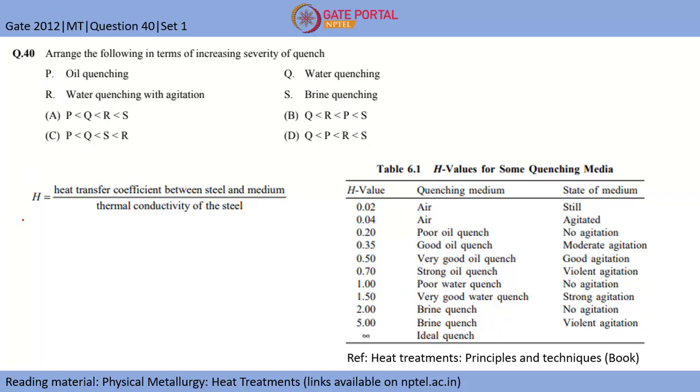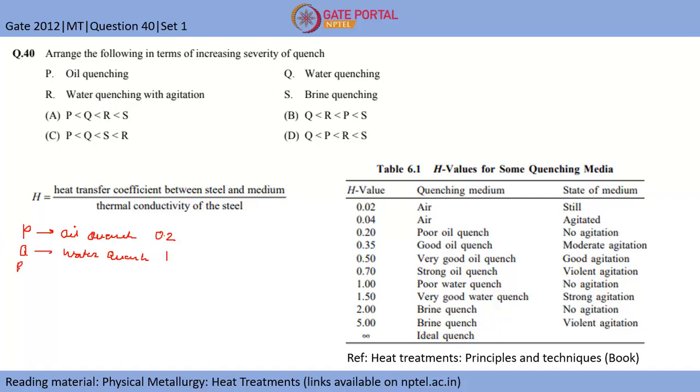P is oil quenching. For oil quench, you can see with no agitation, the H value is 0.2. For Q, which is water quench without agitation, poor water quench with no agitation is 1.